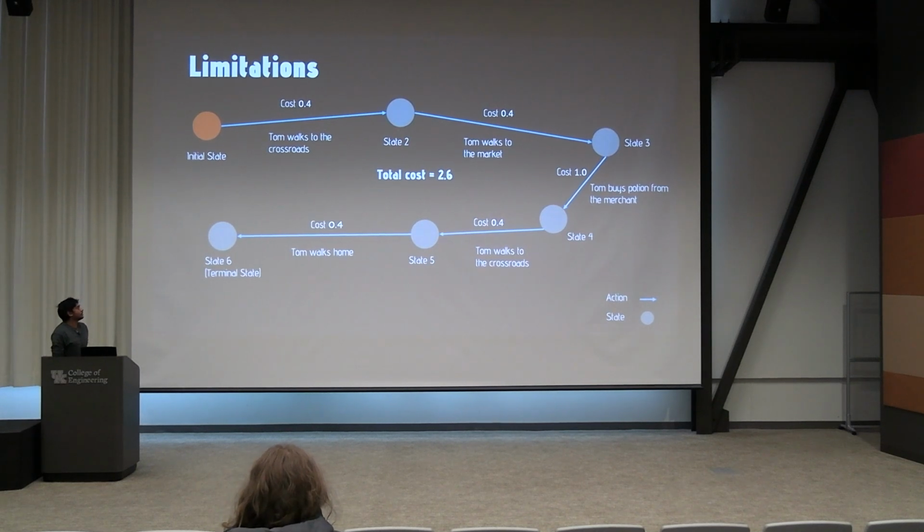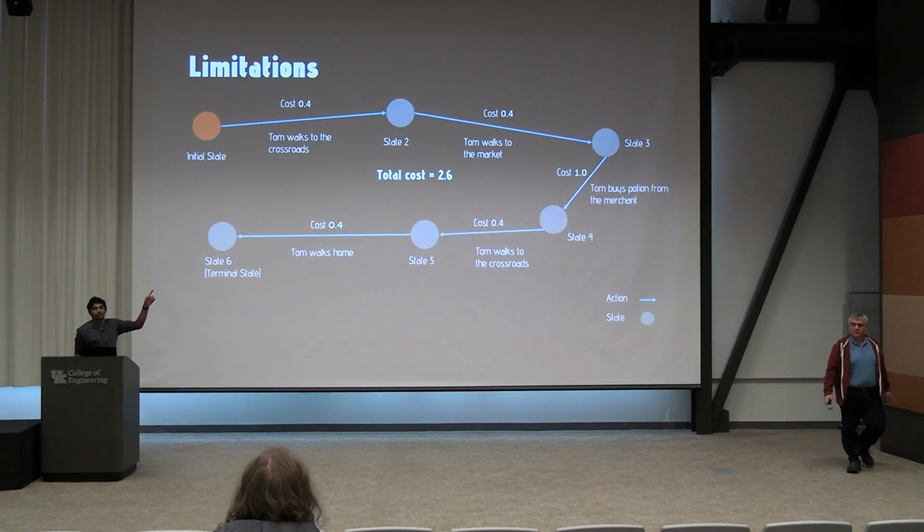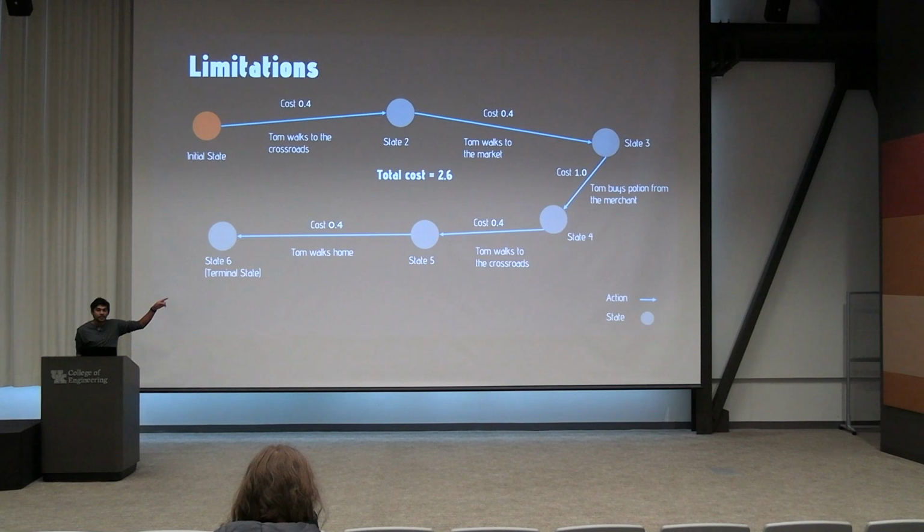Okay. Let's go to the second action. In order for Tom to walk to the market, he first needs to be at the crossroads, right?